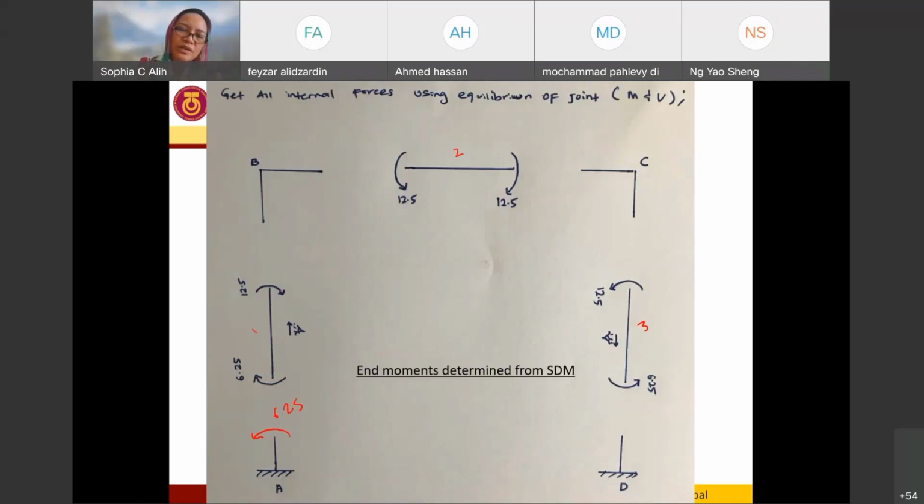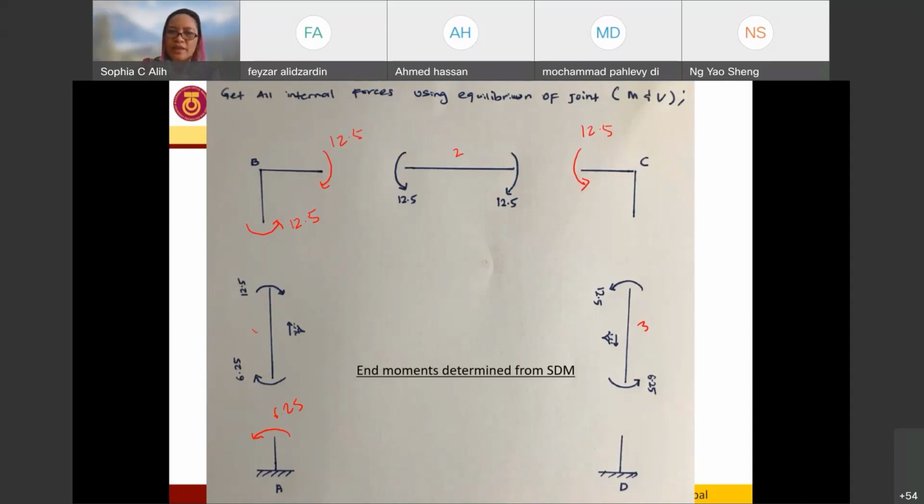And since this one is clockwise direction, I need to balance it with counterclockwise direction 12.5. Now I have here counterclockwise, so this one is going to be clockwise direction 12.5. And since I have clockwise direction, I need to balance it with counterclockwise 12.5, and so on until I come to the end over here.